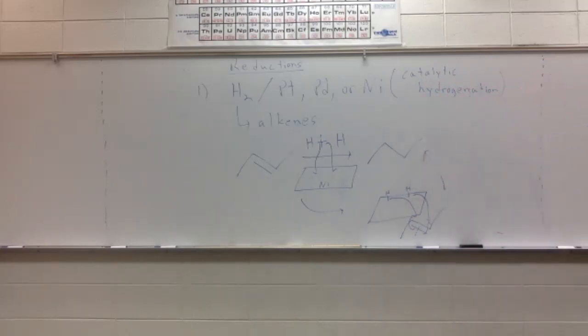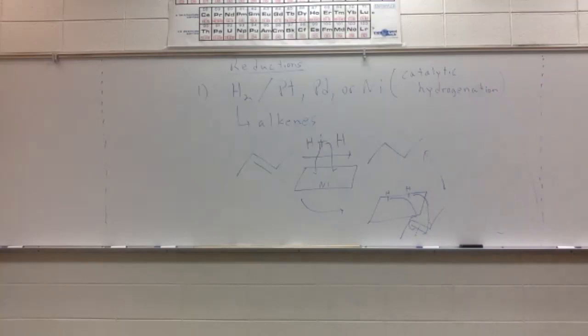And that gives you your alkane. Again, there's a better diagram in your book, but that's the best artistic version I can put up there. Okay, does that make sense?